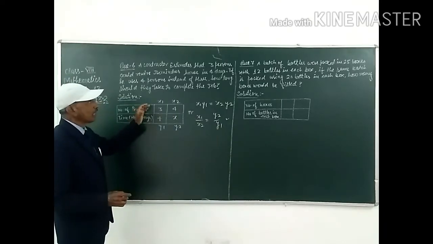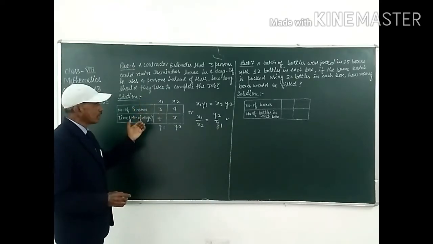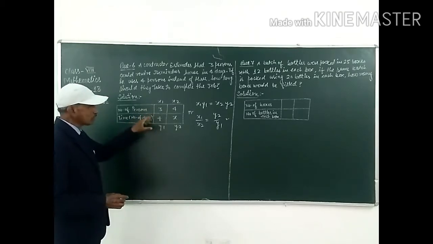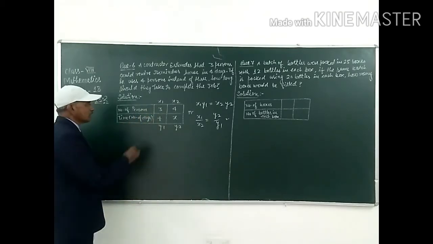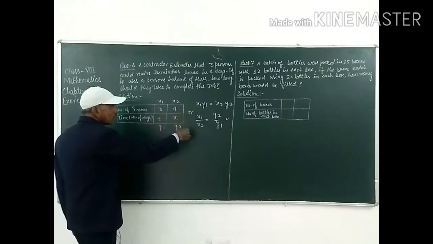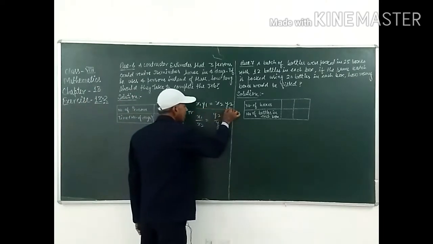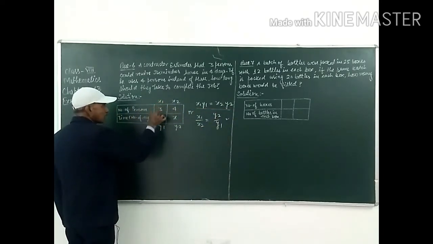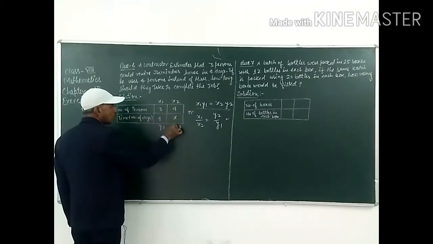As the number of workers increases, the number of days decreases, or the number of workers decreases, then the number of days increases. So, this question is related to inverse proportion. So, we have to use this formula. Clear, students? So, this one x1, y1, x2, y2.